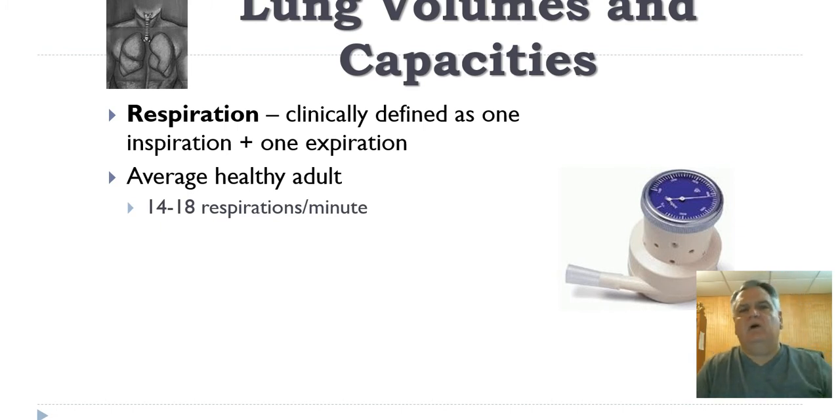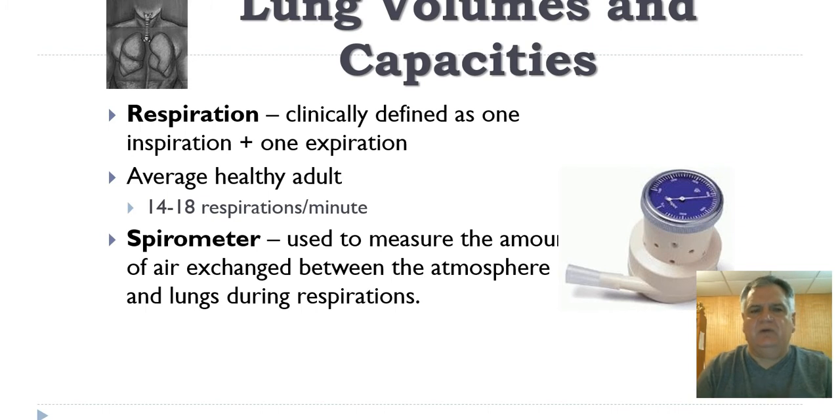So you may have learned in your nursing classes or other clinicals that it's a wider range than that, maybe 12 to 20. That's because it takes into account geriatric patients. I'm taking into account mostly young, healthy athletes. So 14 to 18, 12 to 20 respirations per minute, the average number of respirations.